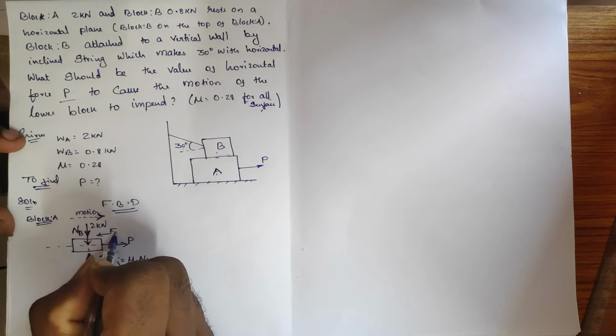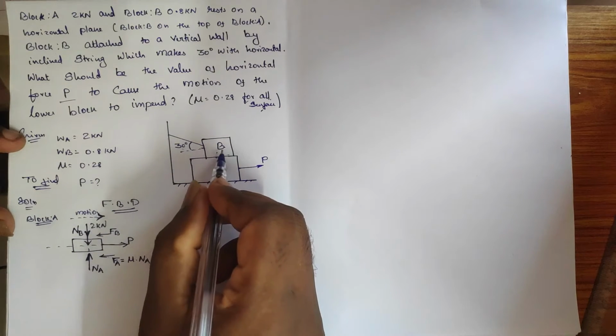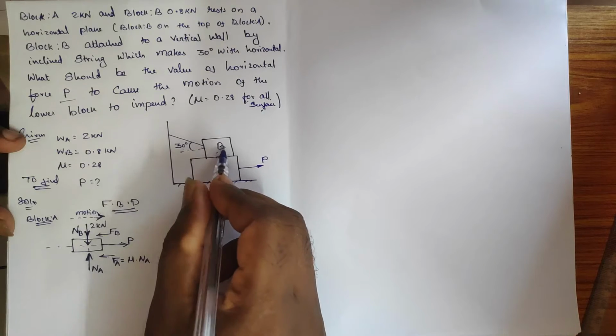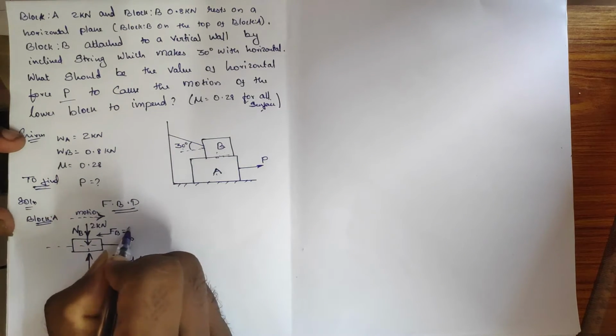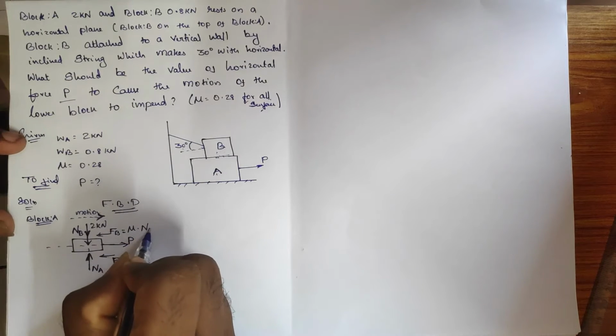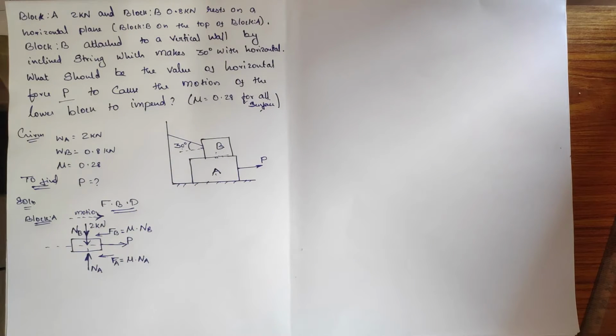So FB, the friction because of block B, is equal to mu into NB. That also we can write here.